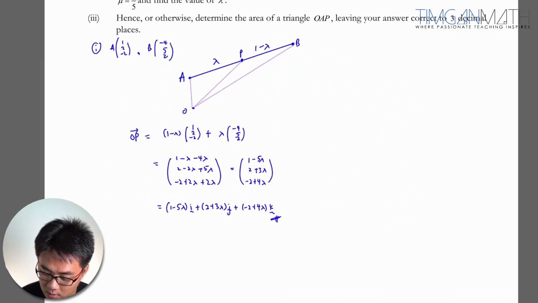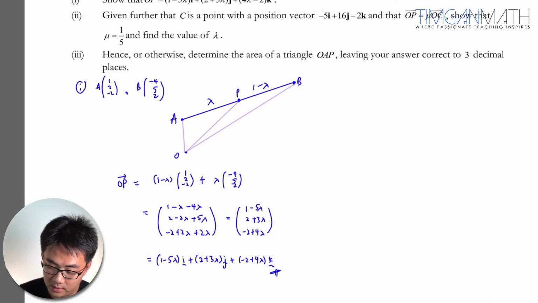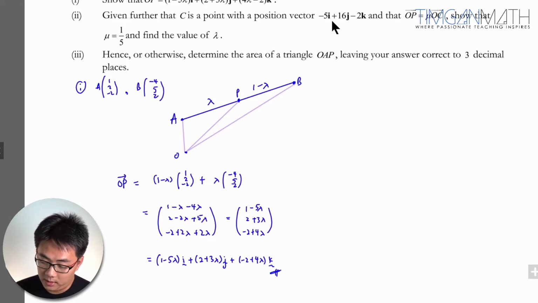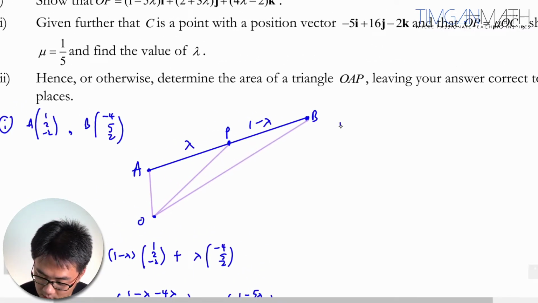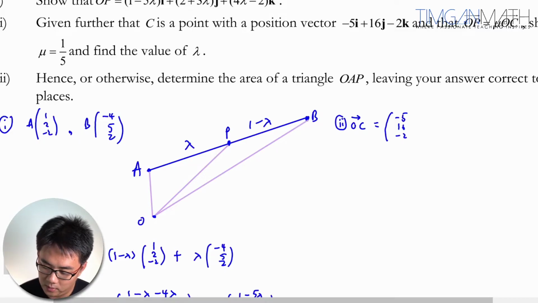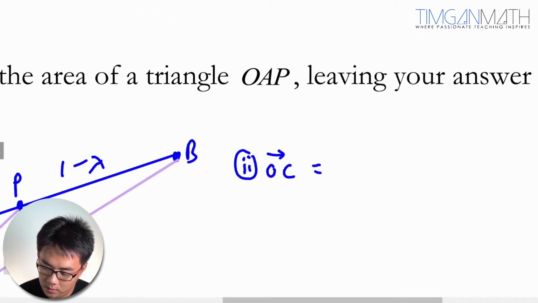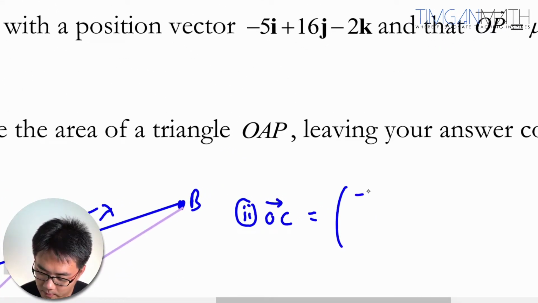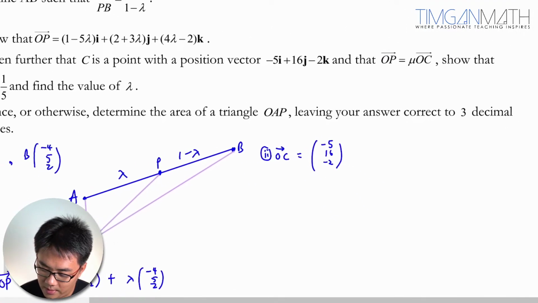You do part 2. Given that C is a point with position vector this, so this is C, part 2. C is this point here, so you get OC equals minus 5, 16 and minus 2, and OP is mu OC.